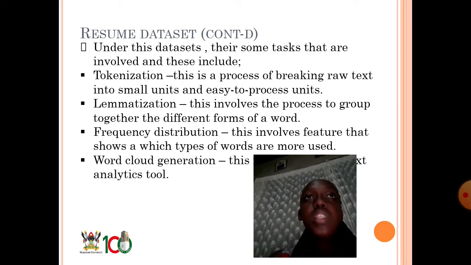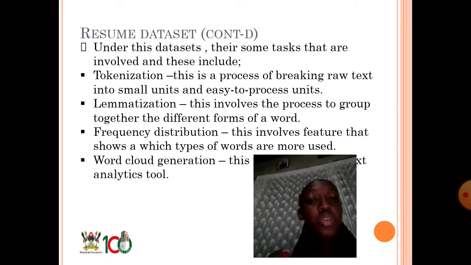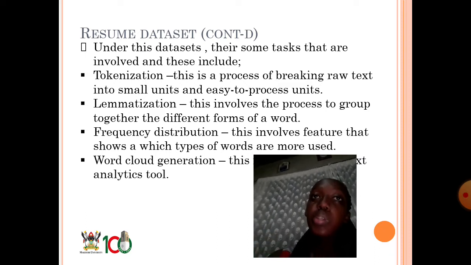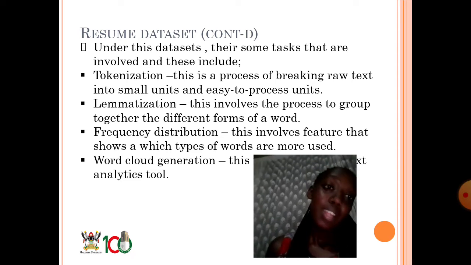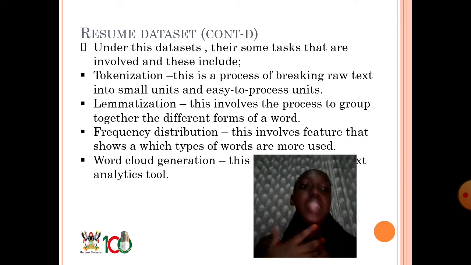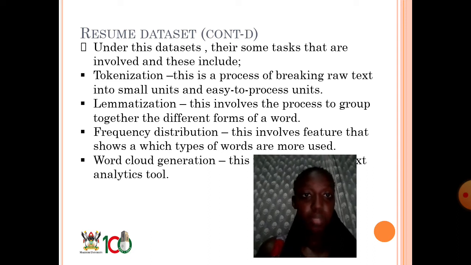There are some words that can be used in the CV but all mean the same. So this one helps: if a word has the same meaning as several other words, it's categorized in one group so that it makes it easy for the AI to identify its meaning.